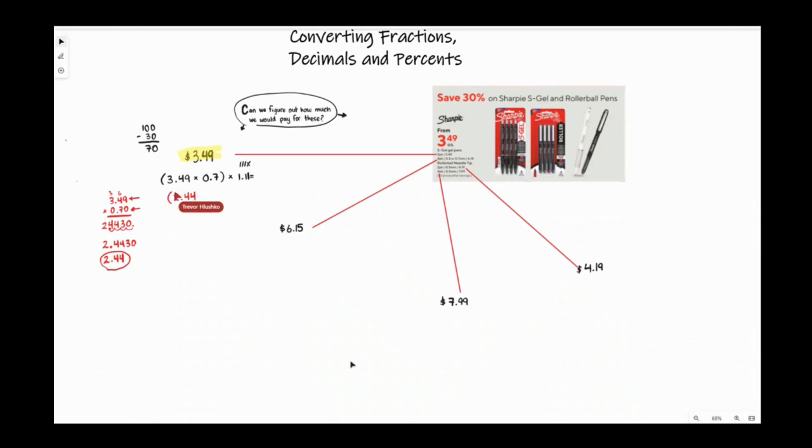So that's my first part of my equation. Then I'm going to multiply it by 1.11 to end up with my actual answer. I'll switch colors here. So now I go 2.44, 1.11, and I'll multiply these all across.